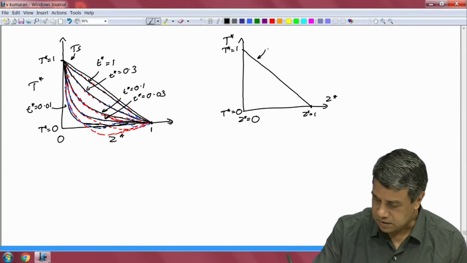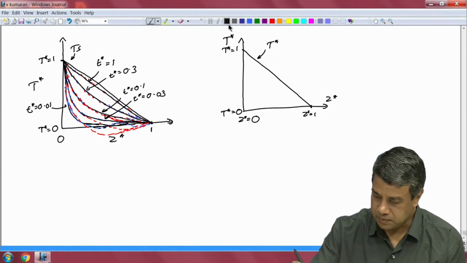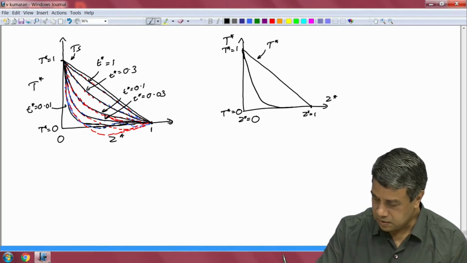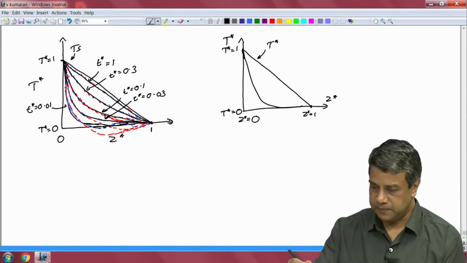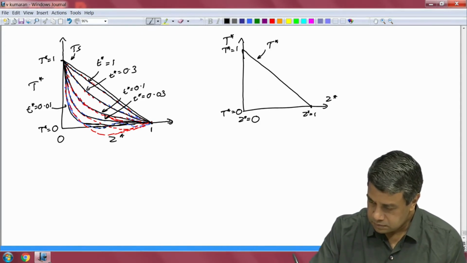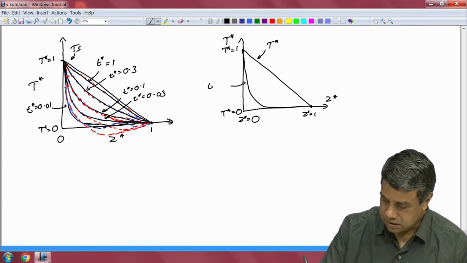Okay. Now, at very early times, when the penetration depth is small, the solution will look something like this. Okay, let us say at t star is equal to 0.01.